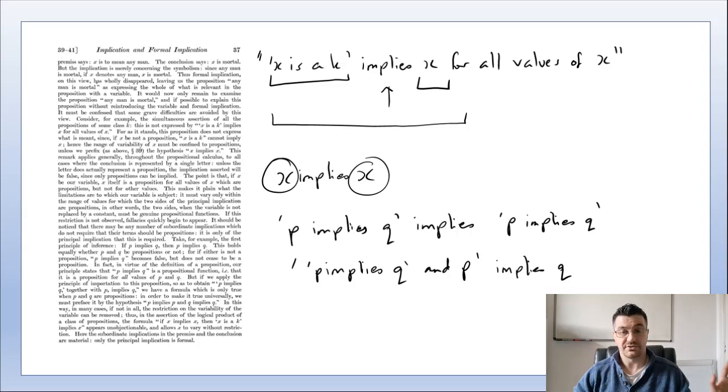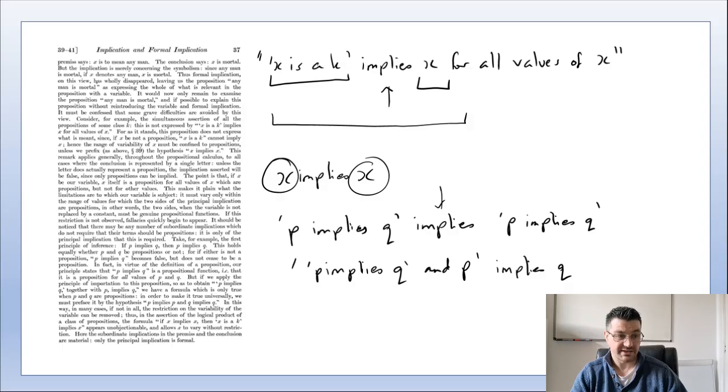I'm sure that if you look through Principia Mathematica, something similar to this will be in there somewhere. Maybe, I can't remember. But the problem that we've got is that in the first case, P implies Q implies P implies Q, this does not depend on whether P and Q are propositions or not. The implication will still hold.